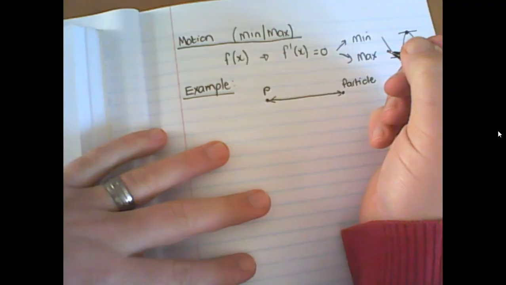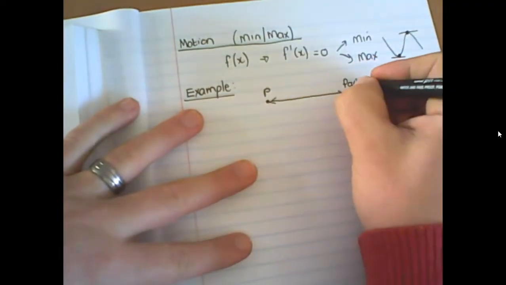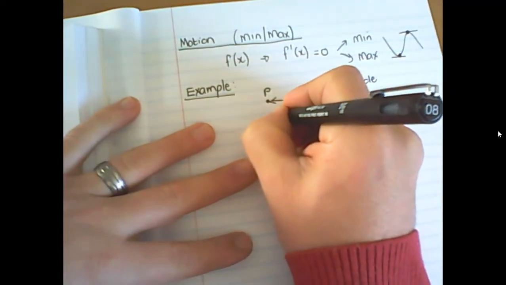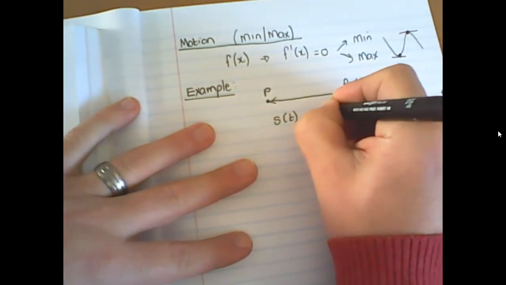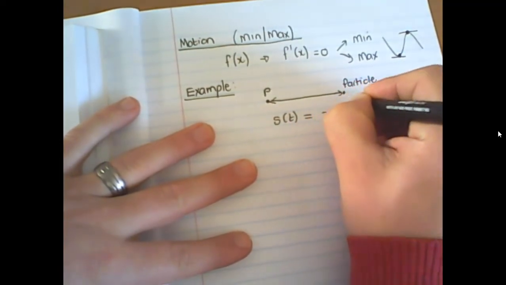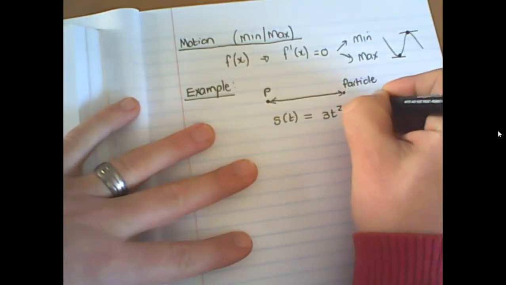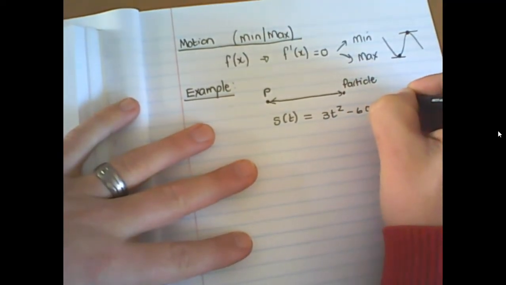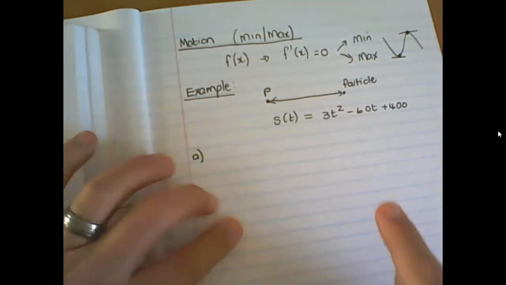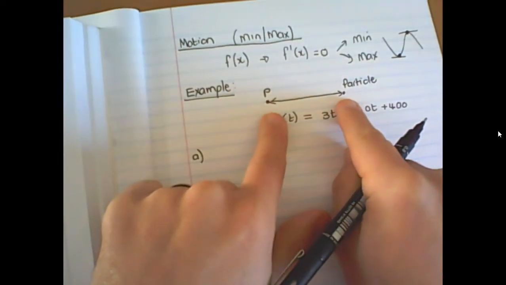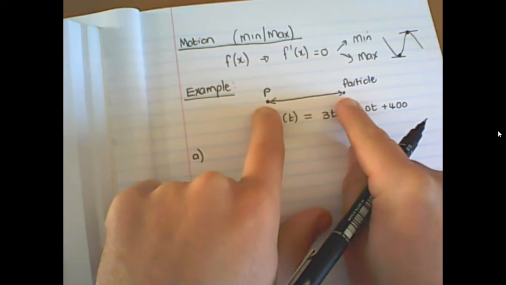And what they say is the displacement. So displacement means basically by how much it moved after a few seconds, and it is given by this equation. And the first question is, how far is the particle initially from the point P?